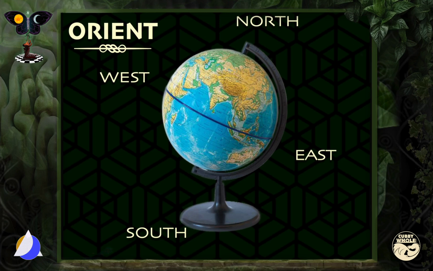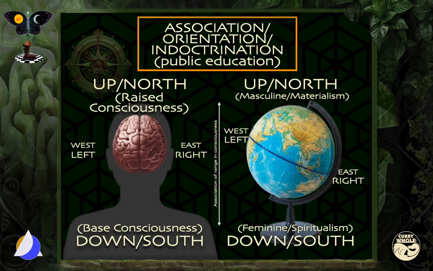And this is really important because now we're going to talk about association, orientation, and indoctrination, which is essentially public education. This is very crucial to pay very close attention to. We really have to pay attention to the orientation that most of us have been taught, because it has an important twist when we go further into the research.